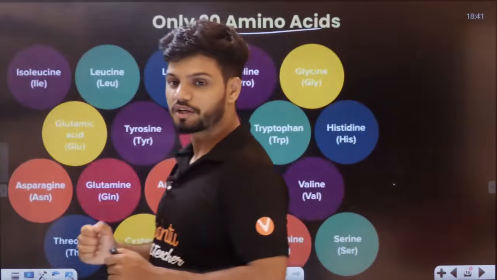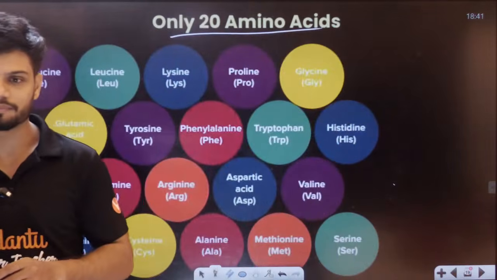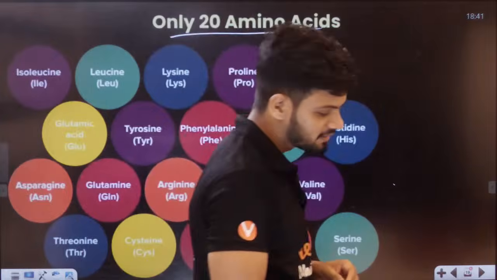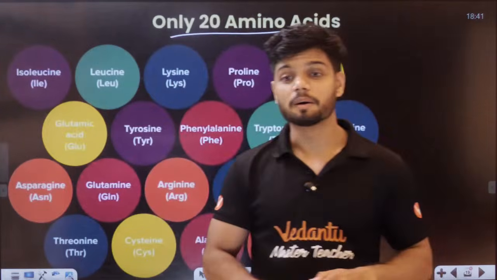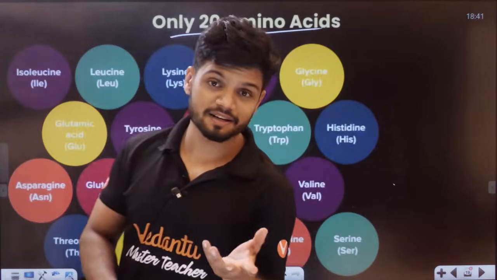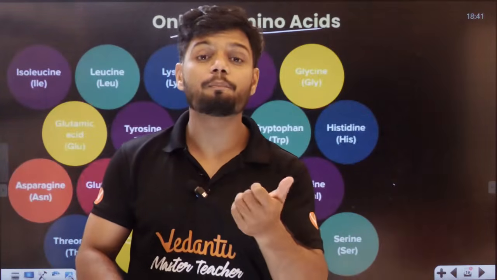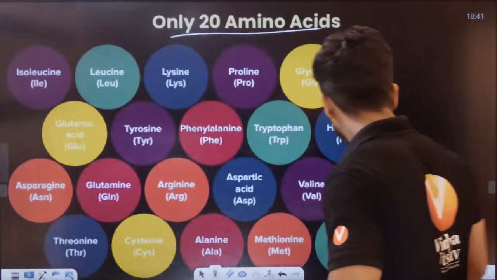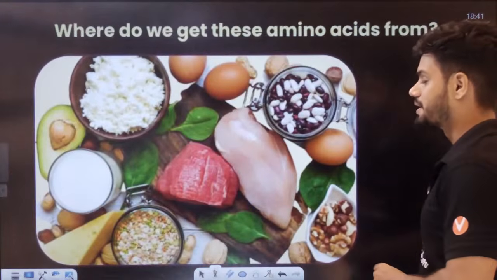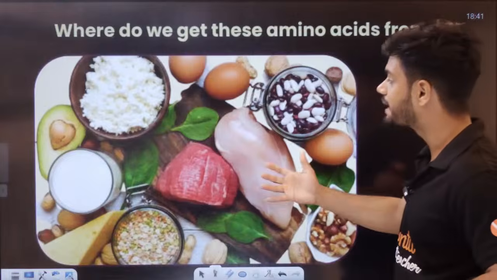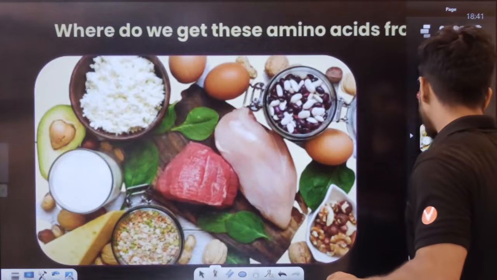Chicken biryani, mutton biryani, paneer, dal. All of these are called protein sources. All of these can be used to derive the proteins, students.